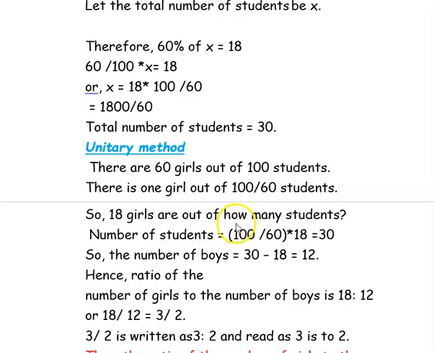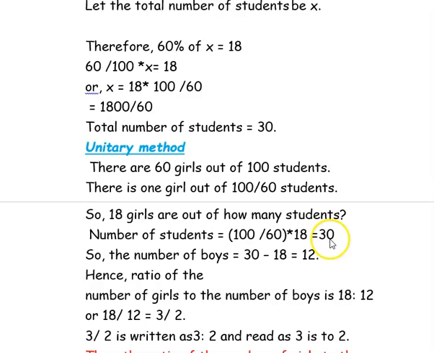So, 18 girls are out of how many students? So, the number of students is equal to 100 divided by 60 into 18. Same way, 18 into 100 is 1800 divided by 60. So, you will get 30. So, in both the cases the total number of students is 30. You can use any method to find the total number of students.